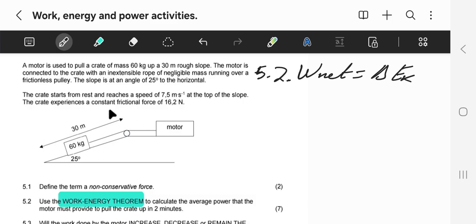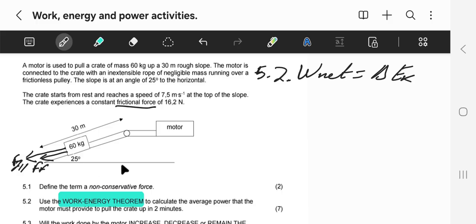The first force is, since this object is on an incline, then we know that there's going to be a component force here of gravity, which is Fg parallel. But we have also been told that there's force of friction, so it's also going to be acting in the opposite direction.